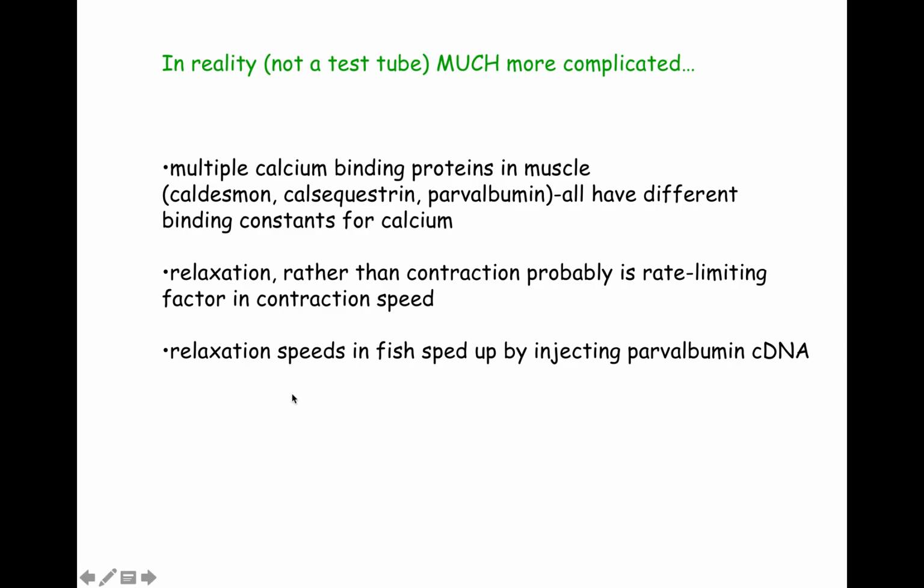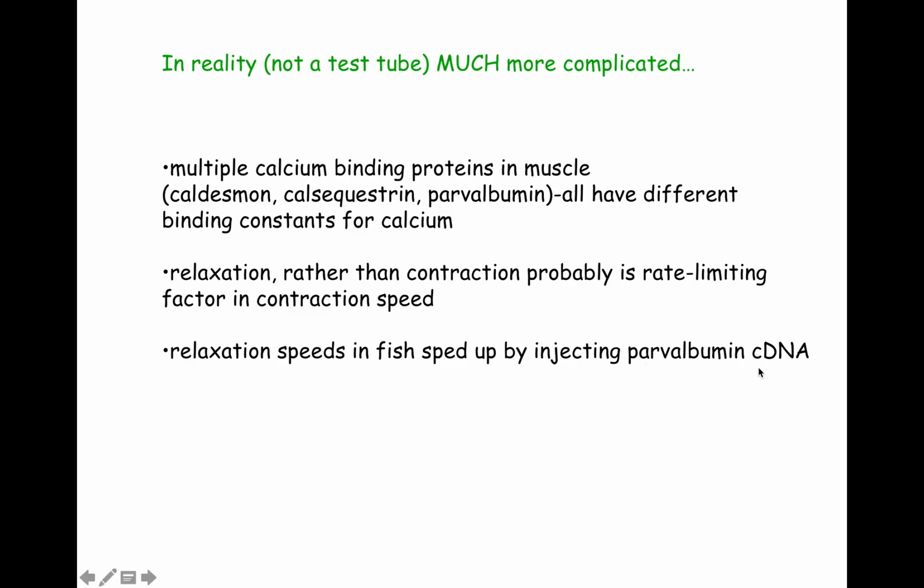In a fish, if you are studying how fast they can contract their muscles, you can separate into the contraction phase and the relaxation phase of the muscle contraction cycle. And in the relaxation phase, you can speed that up by expressing more parvalbumin.